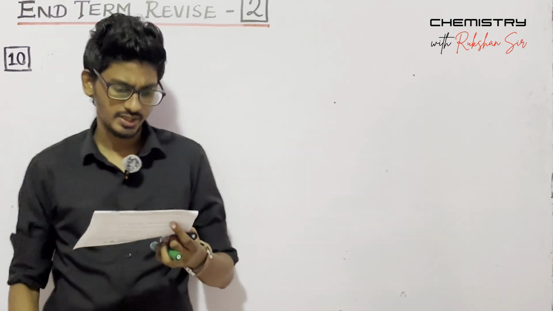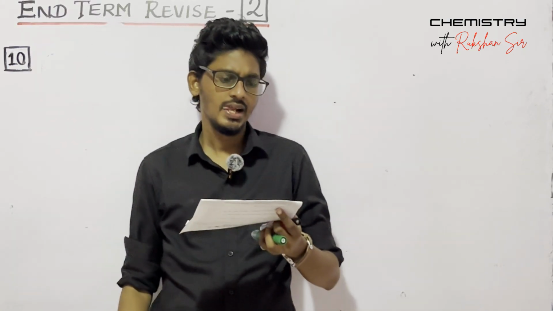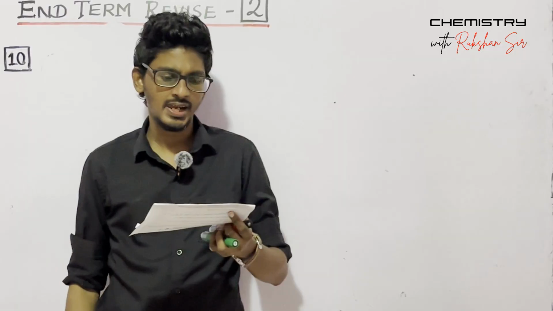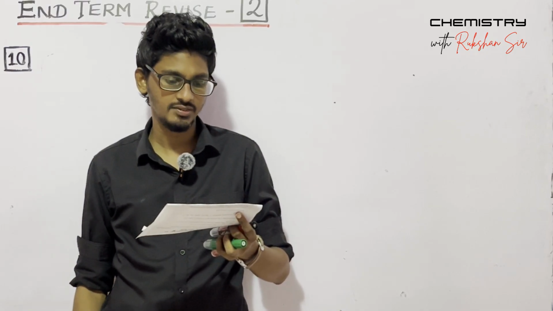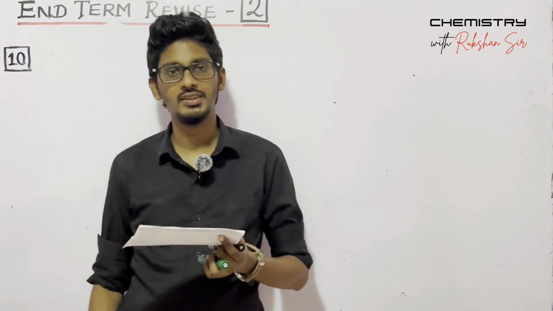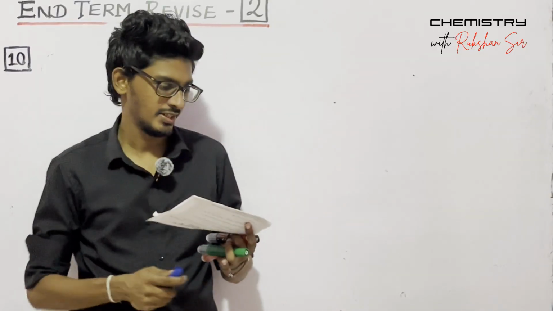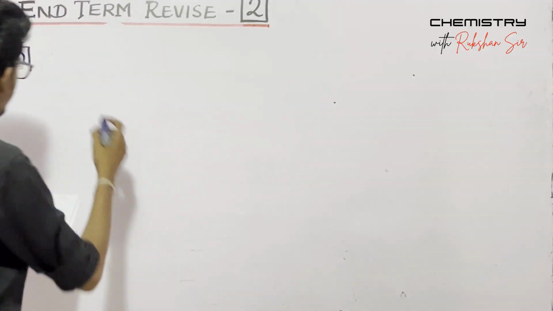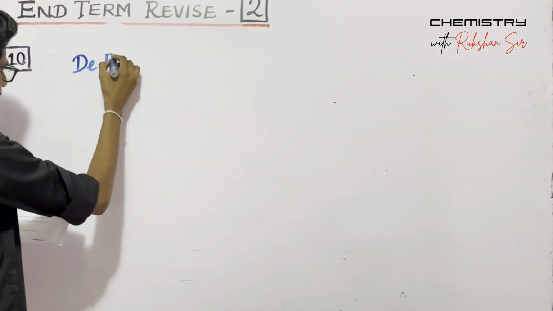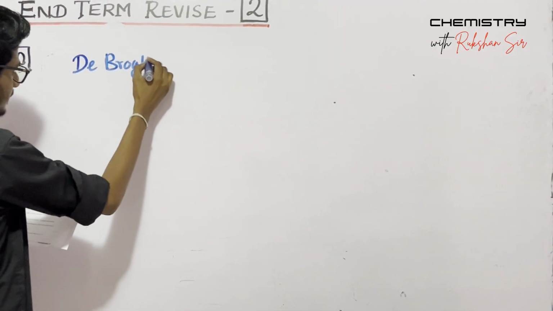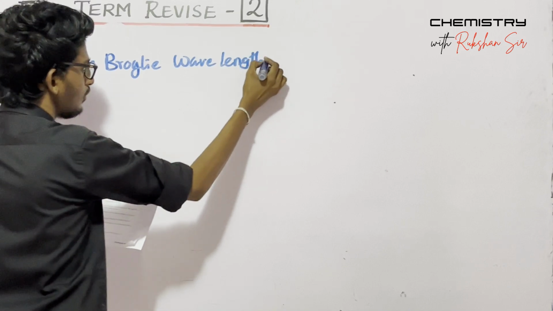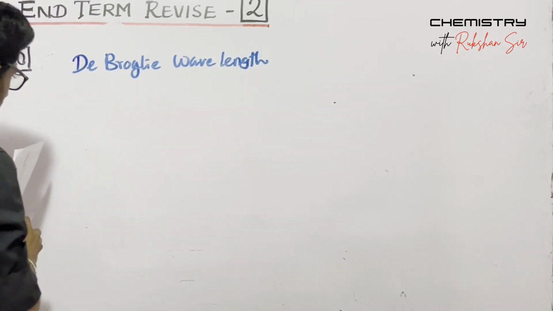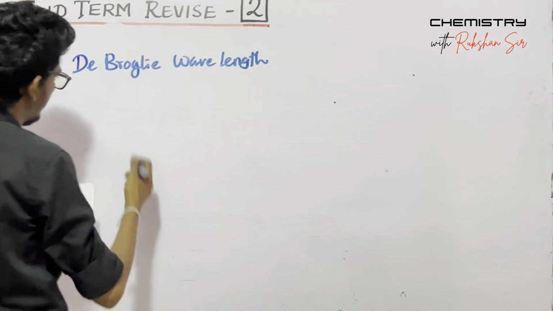Let's discuss statement 10. When considering an electron and a proton traveling at the same speed, the de Broglie wavelength is higher with the electron. See whether the statement is true or false. These are regarding the de Broglie wavelength. So what is the equation regarding de Broglie wavelength?